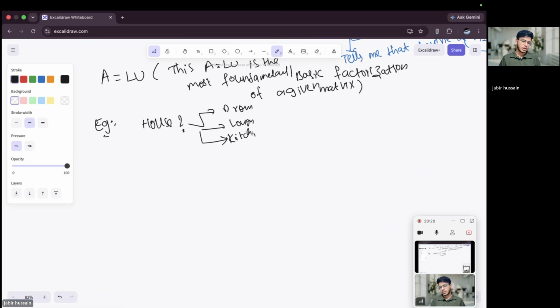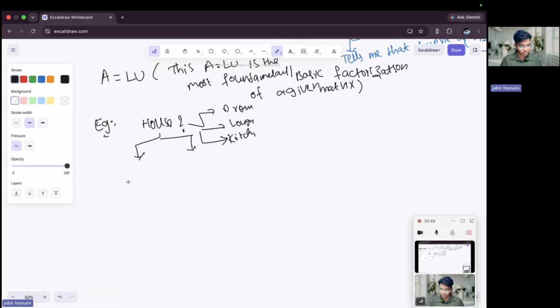Now, can I tell that a house does not appear out of the blue, right? It takes some foundational things, some basic things, to build a house. Can I tell that a house involves majorly two things?